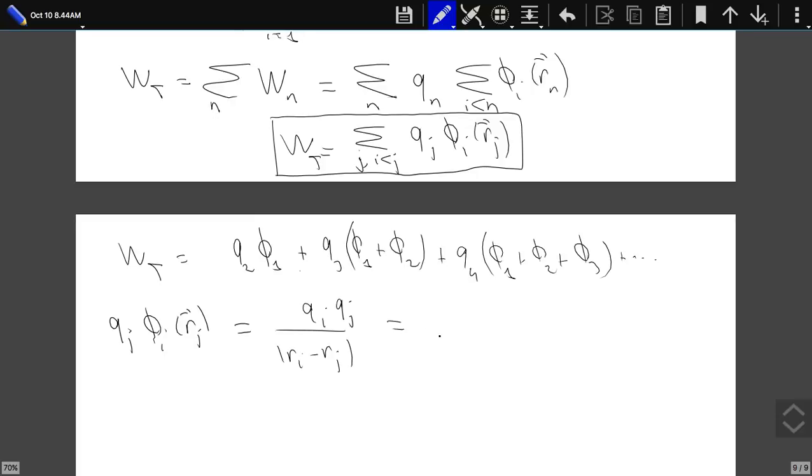But this is equal to Qi times Qj over the magnitude of ri minus rj, which is equal to Qj times the potential created at the point ri by Qj.